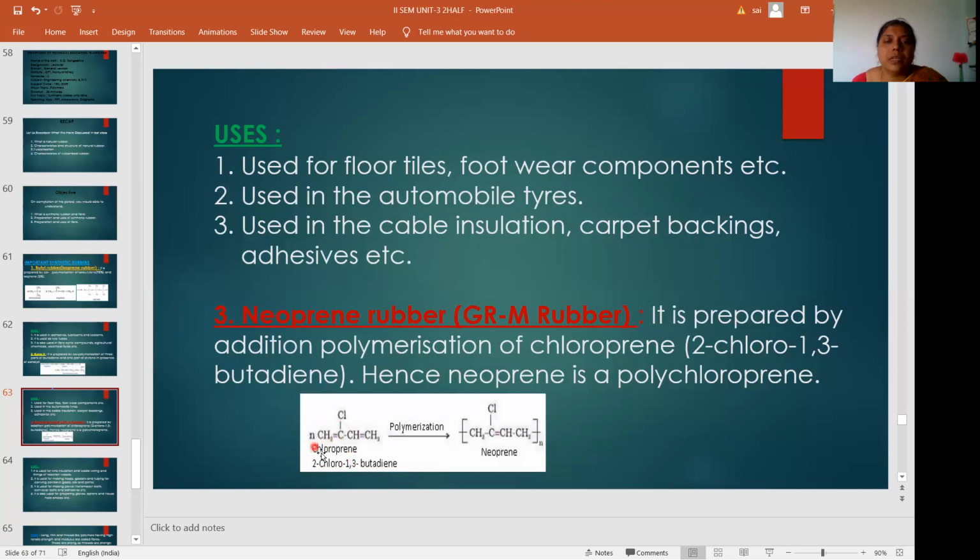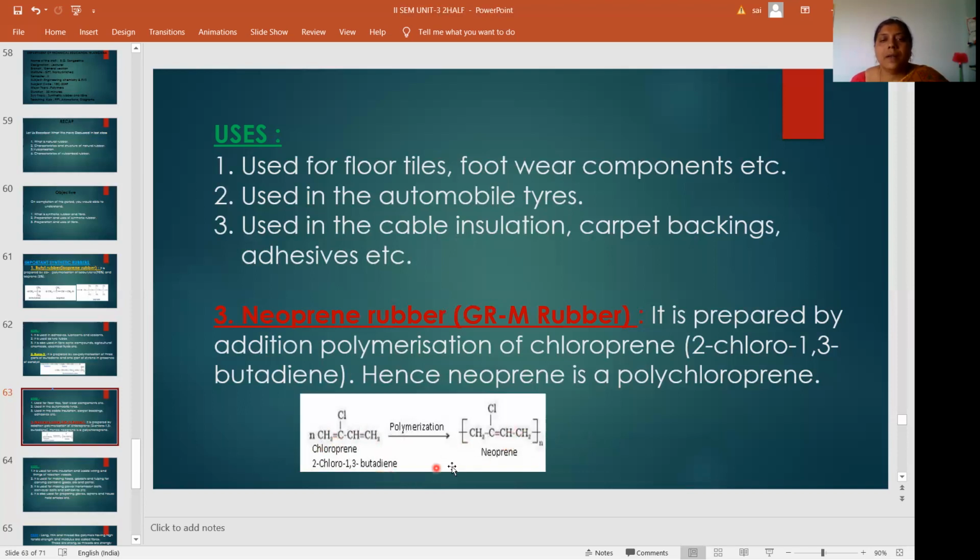So this chloroprene undergoes which polymerization? Addition polymerization. When two double bonds are there, the bonds will be shifted; if one double bond is there, it will be broken. Here there are two double bonds, so the double bonds will shift. Like that, all chloroprene molecules go on adding. There is no elimination.